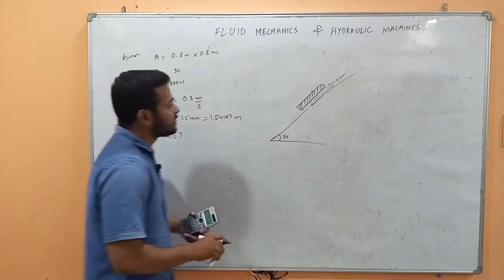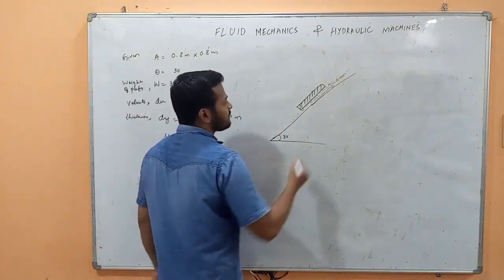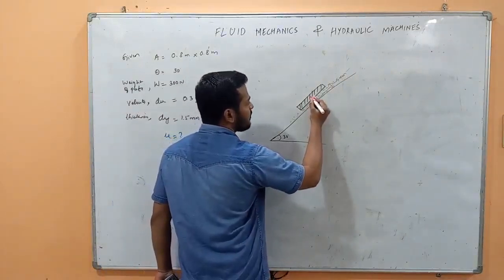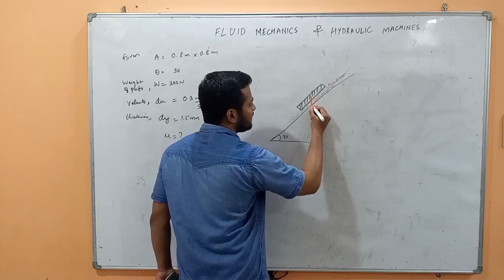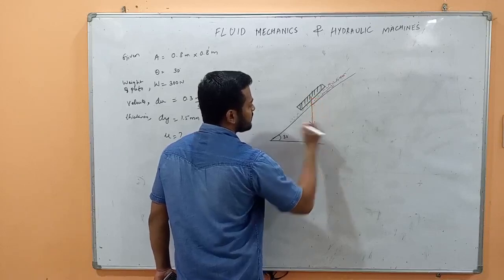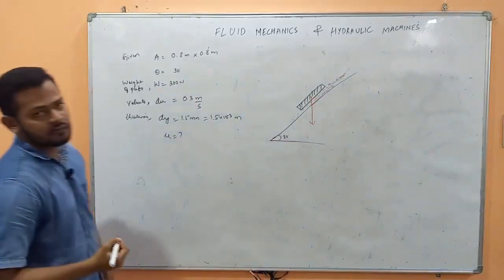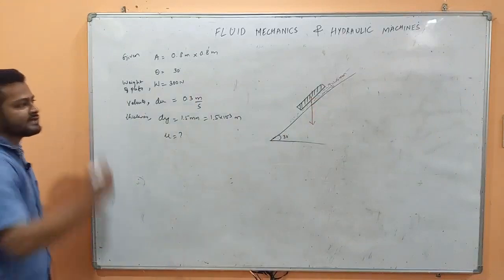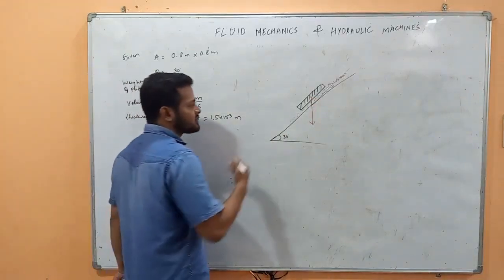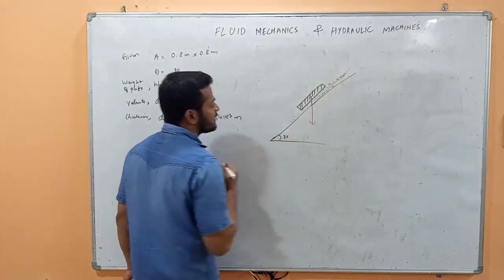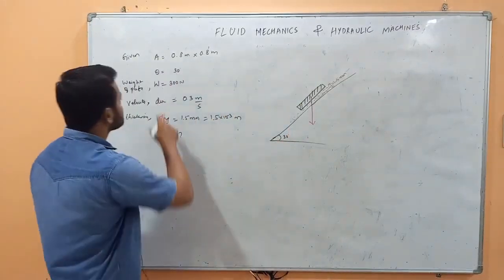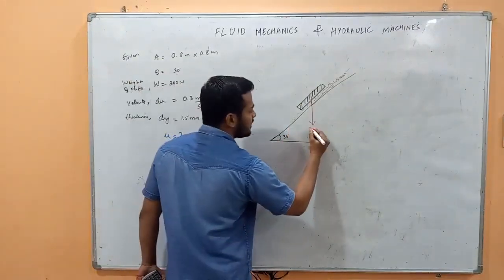So we know that weight always acts at the center and the direction of weight will be vertically downwards. Weight always acts at the center of any body and towards the gravity, because weight is because of gravity. So the weight of this plate is given as 300 Newton.